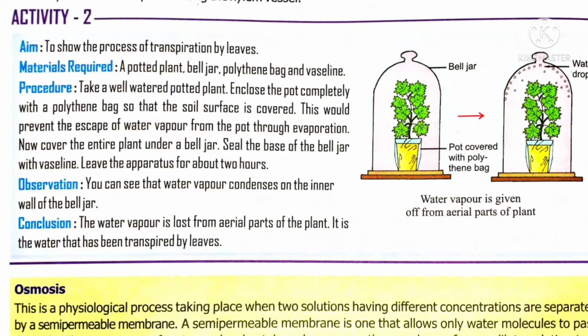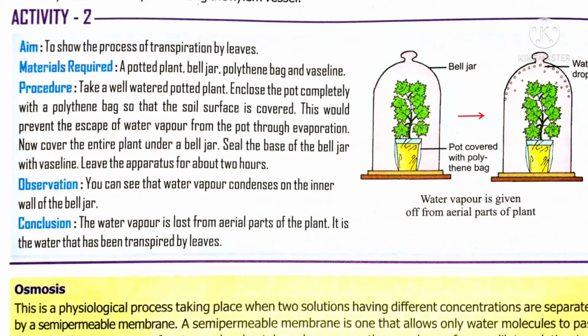What do we observe? We observe that minute water vapor condenses on the inner side of the bell jar. From where do we get this water vapor? We studied already that transpiration is a process in which water is removed from the plant. You know that there are minute holes, stomata, present on the surface of the leaf of the plant.